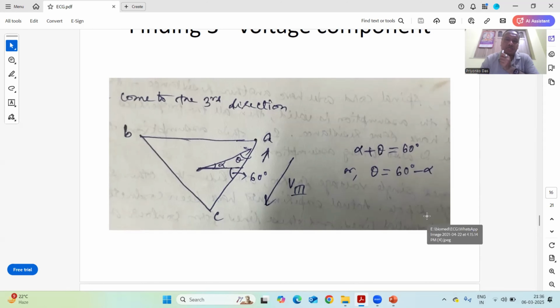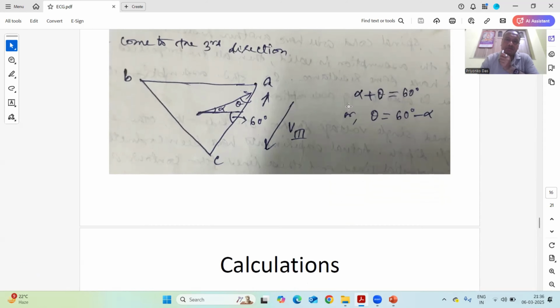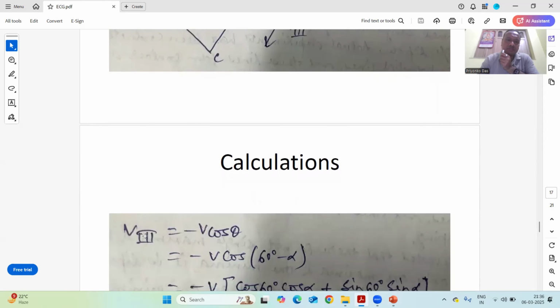So now as V3 is working downward, but the main voltage component V was acting upward, the calculation to find out V3 again becomes V3 is equal to minus of V cos theta.